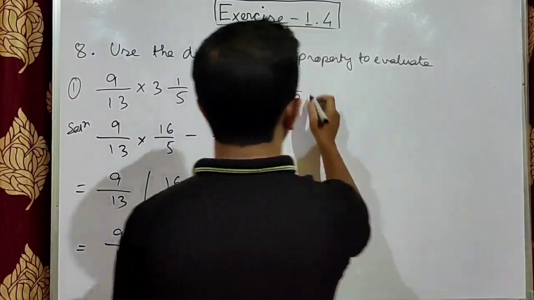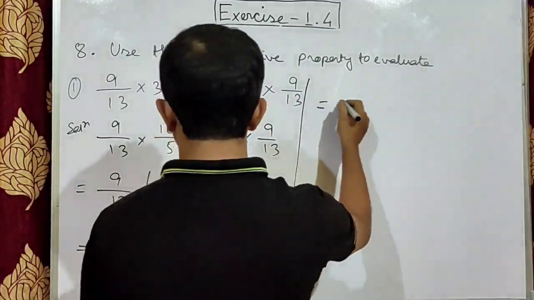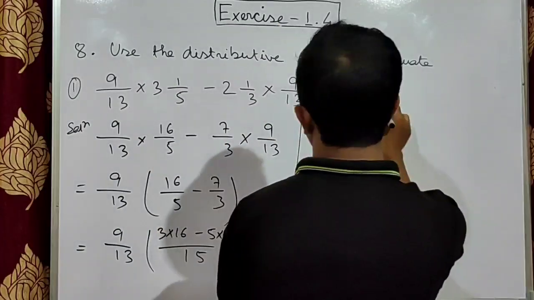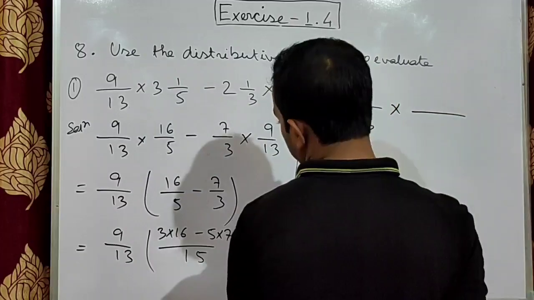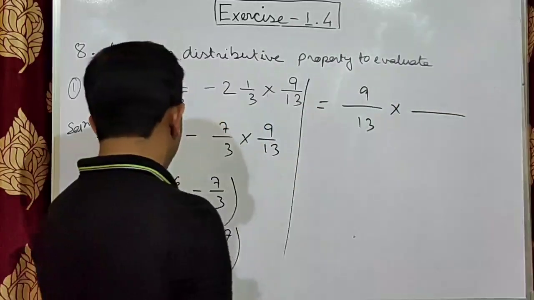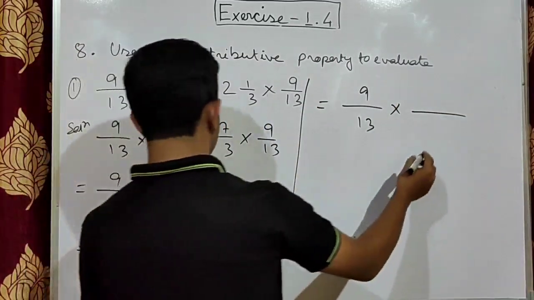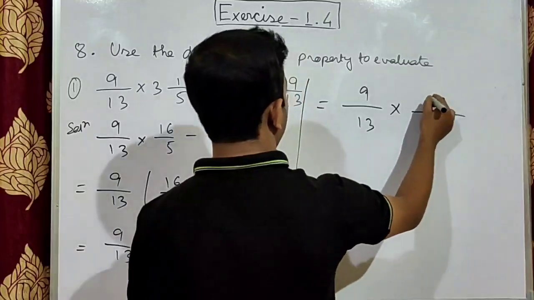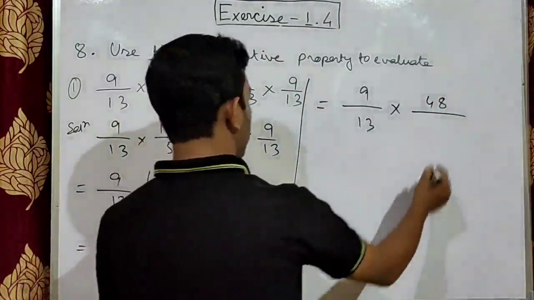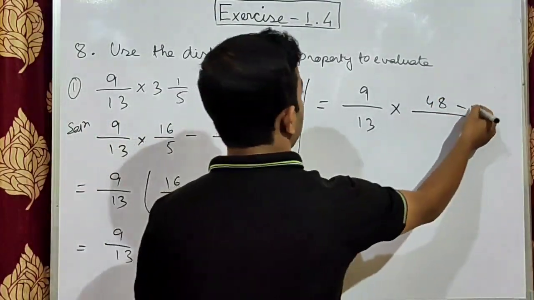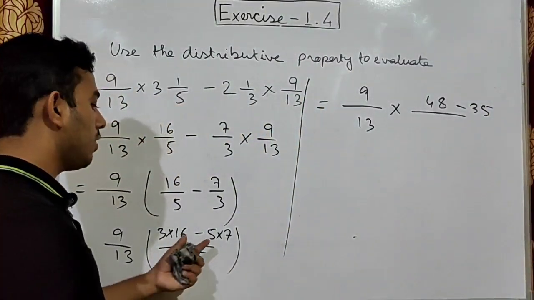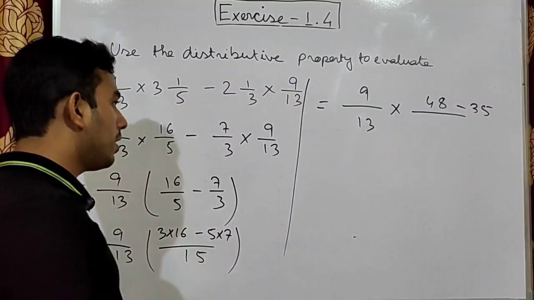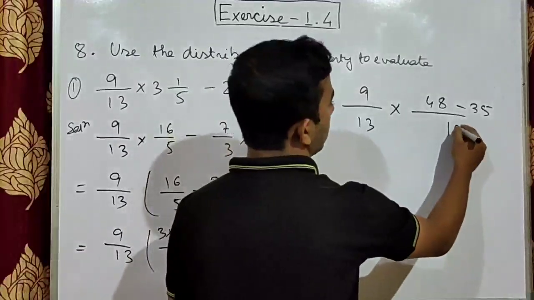So it will be 9 by 13 into 3 into 16, which is 48. 48 minus 5 into 7 is 35, divided by 15.